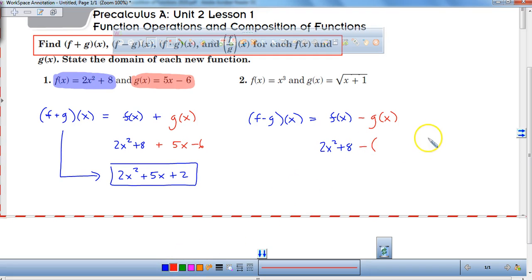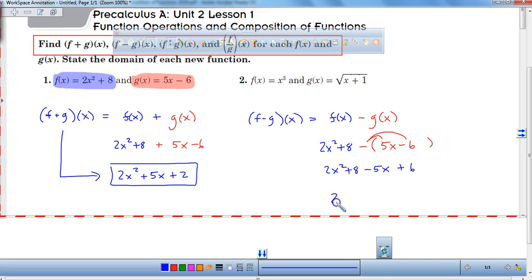Now this is where I'm going to open up a parentheses, because now I'm going to plug in 5x minus 6. But you have to take away both terms. Even though most students remember to take away the 5x, they'll forget to take away the negative 6, because a negative times a negative is a positive.